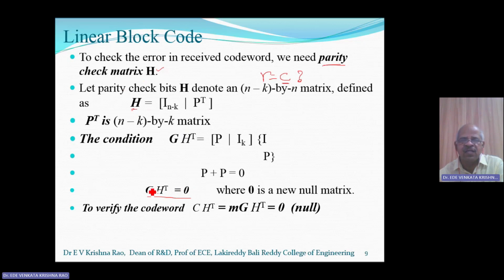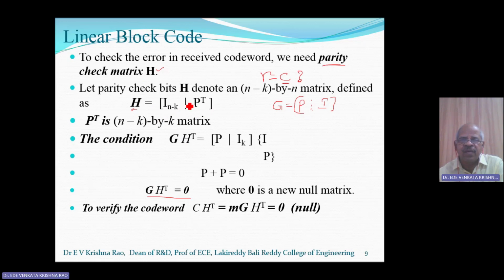As you know, G equals P and I, and G H transpose becomes 0, so H should be I and P transpose.